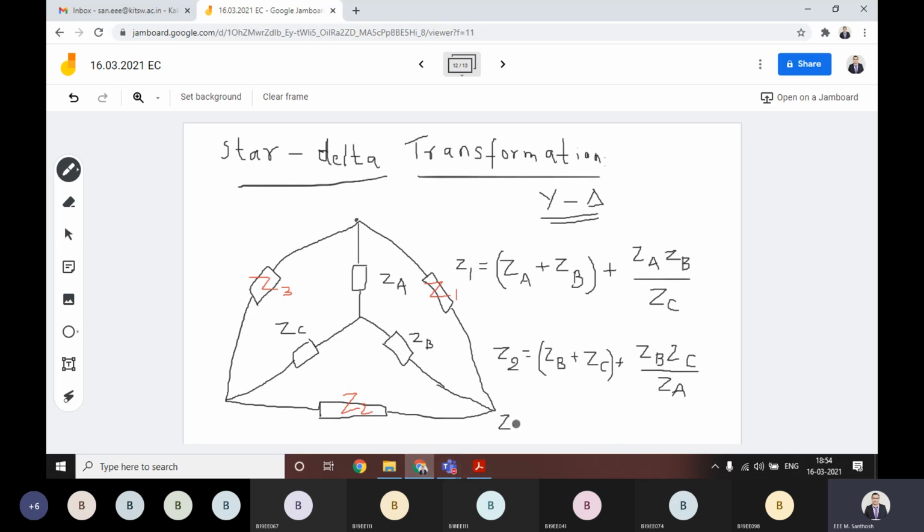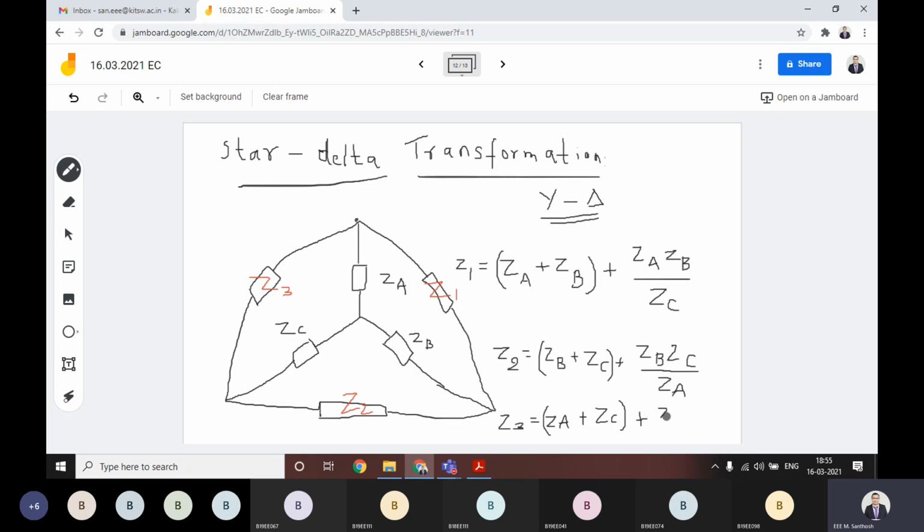Then can anyone tell us how to calculate Z3? ZA plus ZC. Very good. ZA plus ZC plus ZA into ZC by ZB.